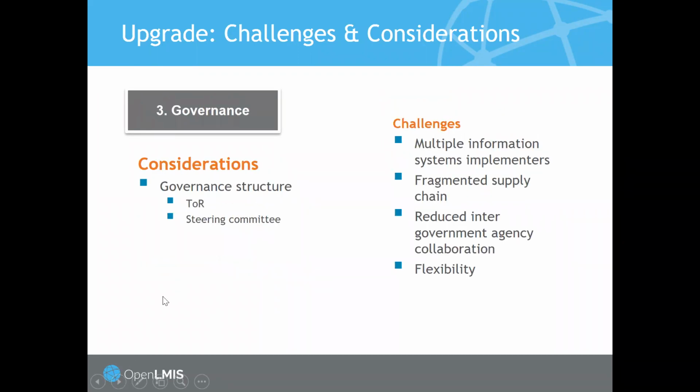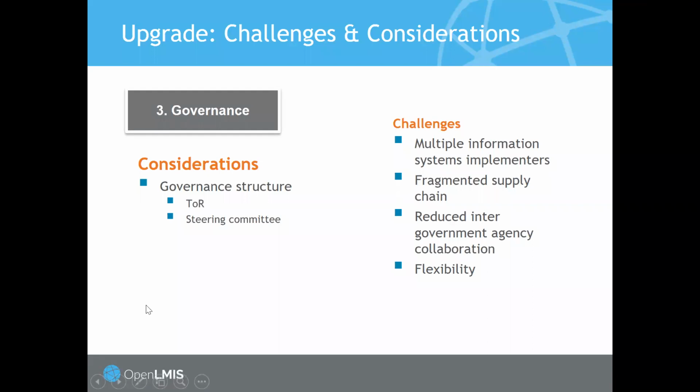So this is somehow related to the previous one, which is governance. When upgrading to V3, having in consideration aspects such as interoperability and integration with other systems, this requires a very robust governance structure to allow the definition of the way forward for this implementation.